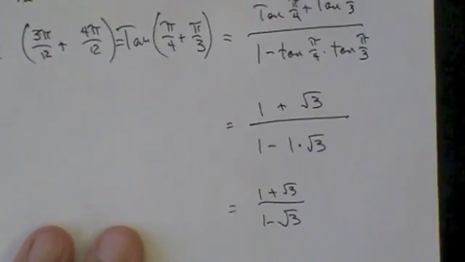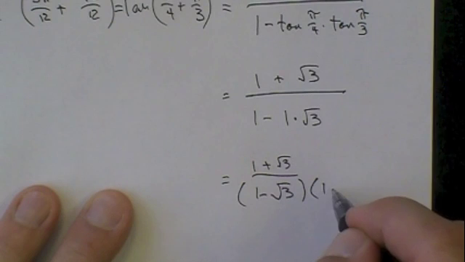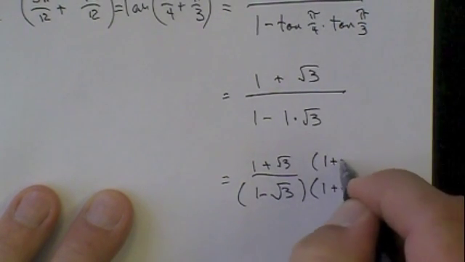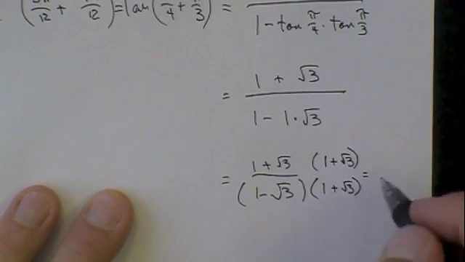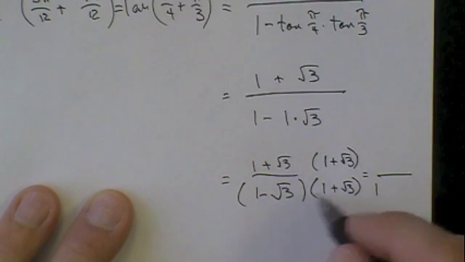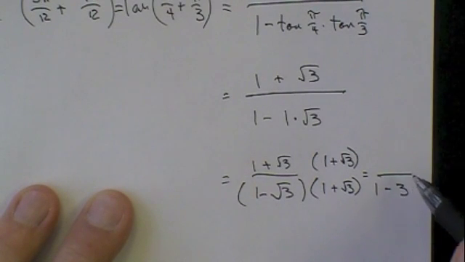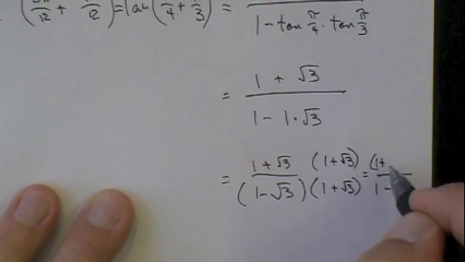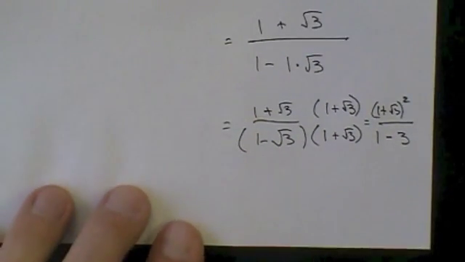To rationalize the denominator, we'll multiply by 1 plus the square root of 3 on top and bottom. So here we end up with difference of squares, so we have 1 squared and square root of 3 squared, so 1 minus 3 for our denominator, and then we have 1 plus square root of 3 squared on the top of our fraction.